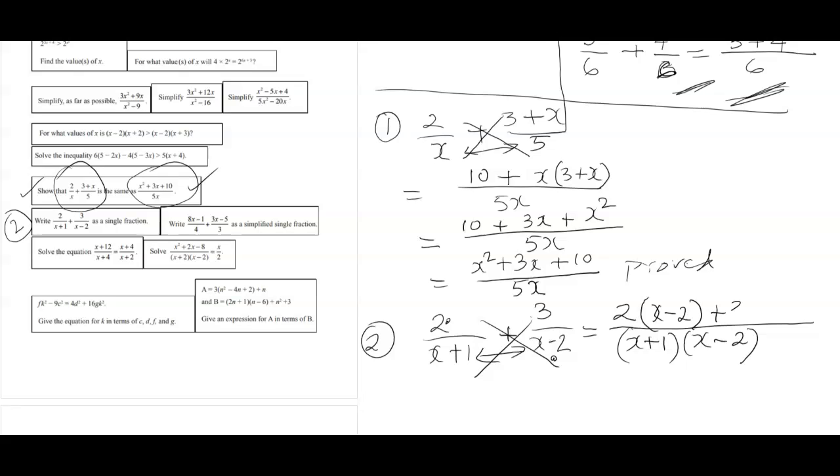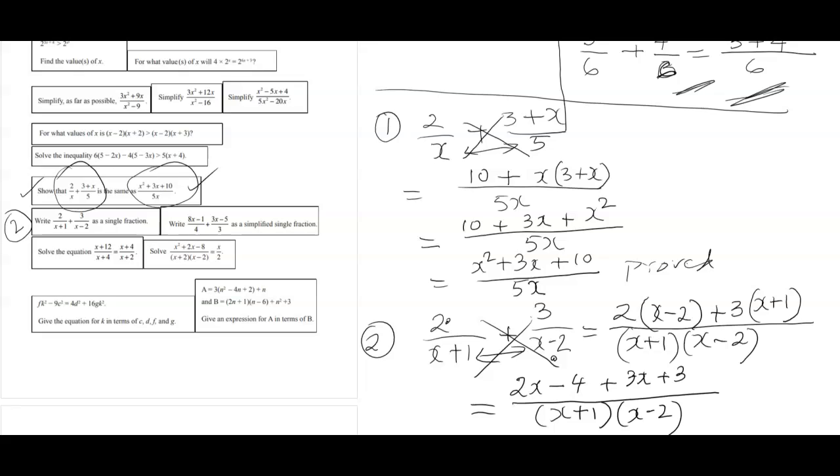plus 3 lots of x plus 1, and that will give you, if I expand it, 2x minus 4 plus 3x plus 3. And for the time being, I'll leave it as x plus 1 times x minus 2.